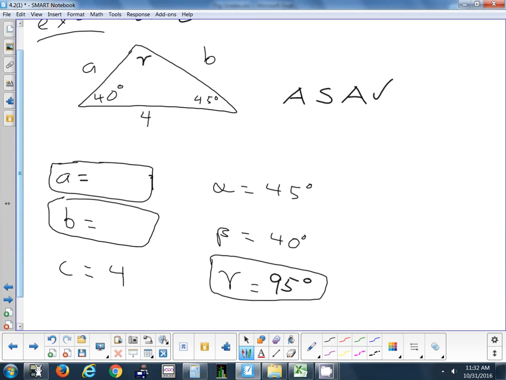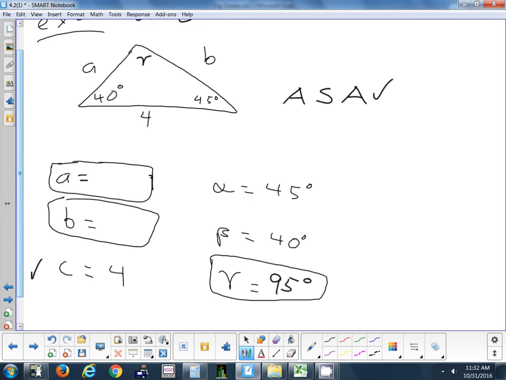This time it's even more important that you get gamma right than the last problem, because you're going to use 95 degrees to find B, and you're going to use it to find A. You always have to use the row that has everything in it. So if you made a mistake finding gamma, everything is going to be wrong in this one. So just don't make a mistake when you add them up to 180.